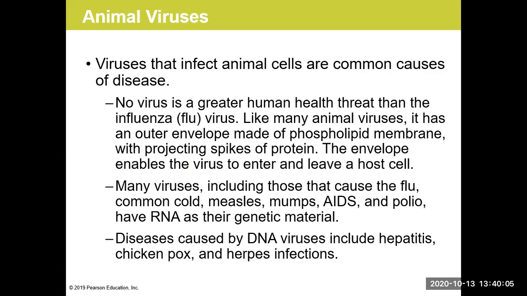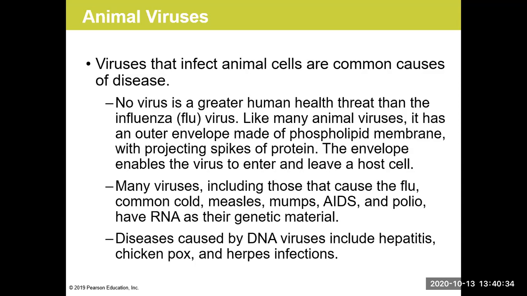In animals, there are several diseases caused by viruses, and the viruses that infect animals, like most other viruses, have a nucleic acid, DNA or RNA, inside, surrounded by a coat, and that outer envelope is made up of phospholipid, which has projecting spikes made up of protein. And this outside envelope helps the virus to enter, that means infect, and leave a host cell.